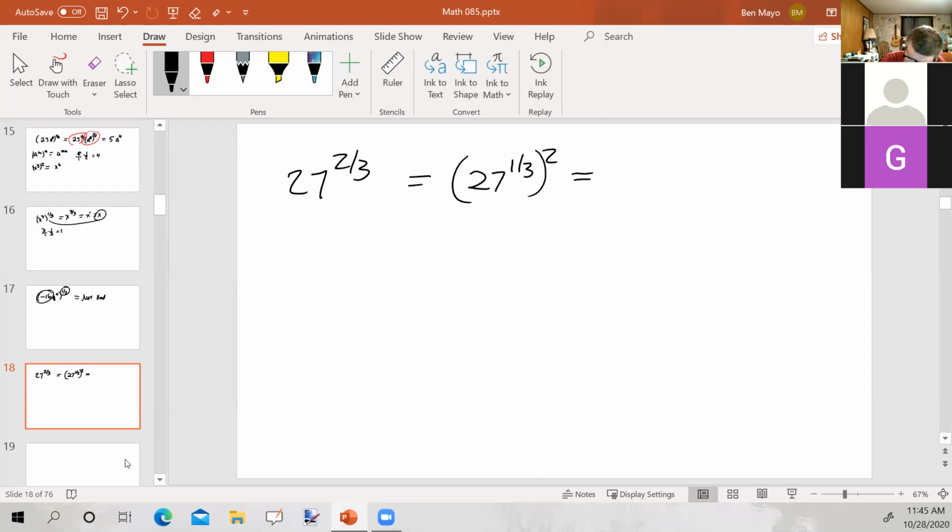What's the cube root of 27? 3. And what's 3 squared? 9. So 27 to the 2/3 power is 9. Now be careful. You're not taking 27 times 2/3. You're taking 27 squared and cube rooted, or cube rooted and squared. Just be careful with that.